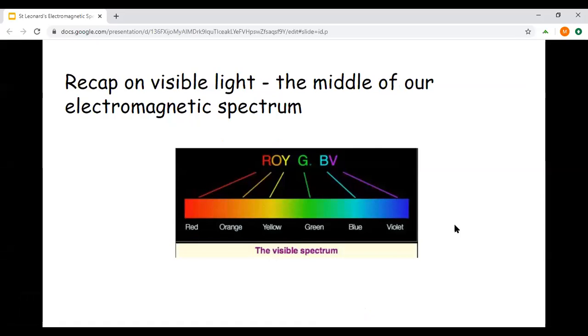Now, if you remember the visible light spectrum, we looked at it last week where we created a rainbow. Newton carried out that amazing experiment that proved that white light was made up of all of these colours, which was contradictory to the belief at the time, because they thought that white light was pure and it was sent from the heavens.